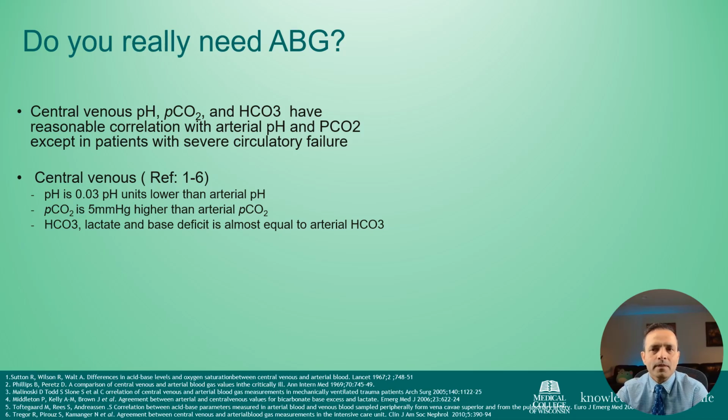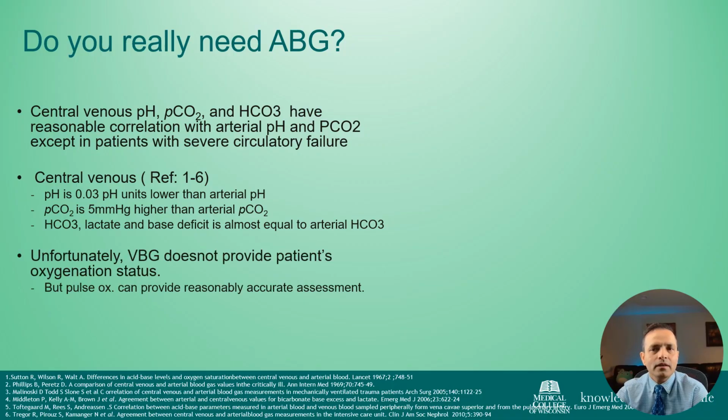So for that reason, we don't really need ABG, unless you want to know about the oxygenation status, because VBG does not provide patient oxygenation status. But pulse ox can provide oxygenation status.